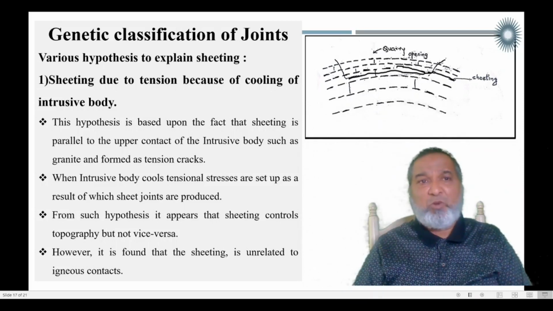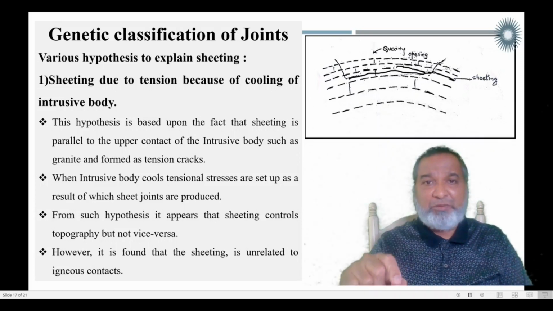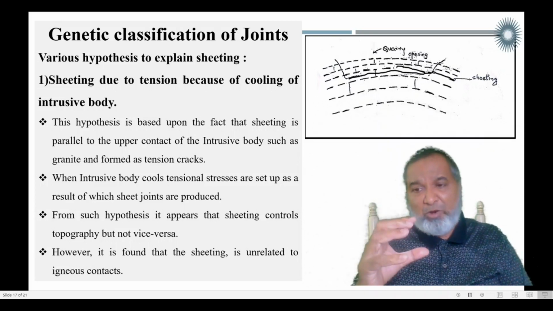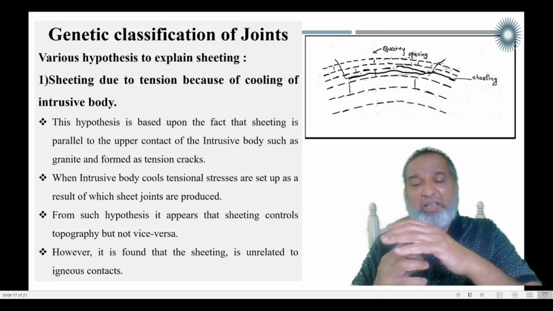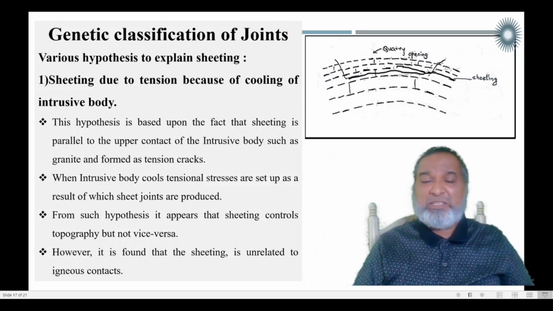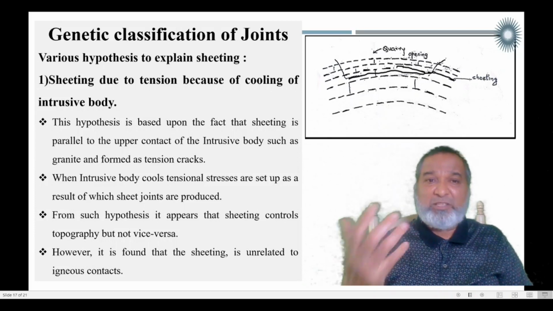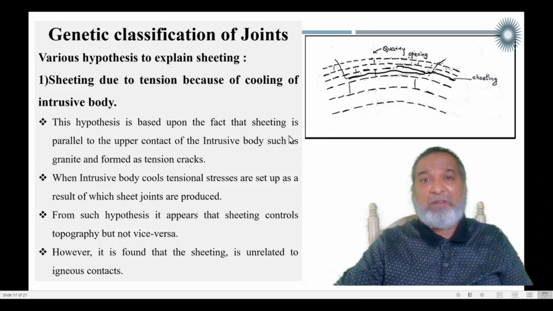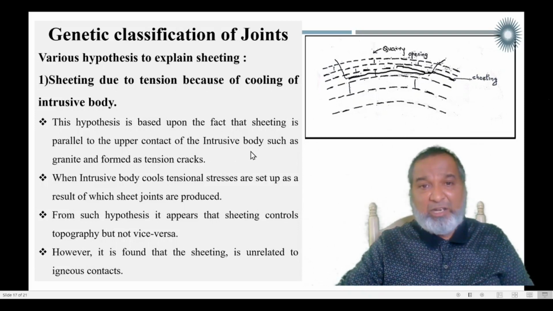The first hypothesis is sheeting due to tension because of cooling of an intrusive body. Whatever body is below the surface cools down, and due to this there will be shrinking. This hypothesis is based upon the fact that sheeting is parallel to the upper contact of an intrusive body such as granite and forms tension fractures.